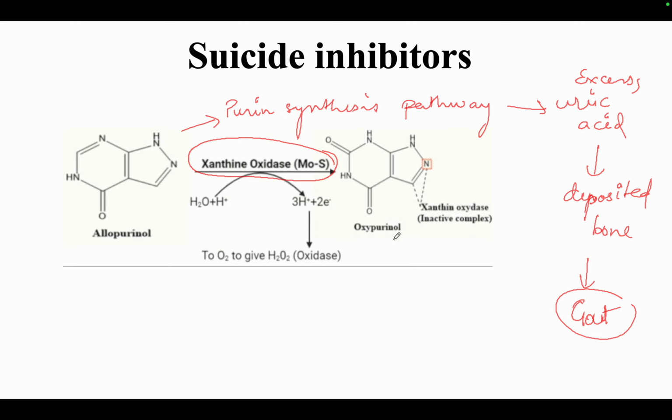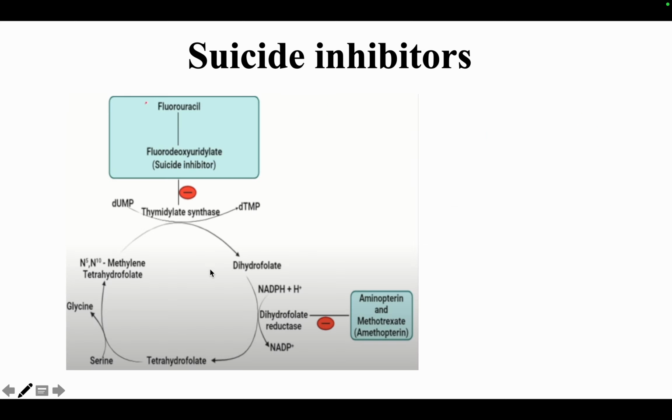Now this oxypurinol has the ability to inactivate xanthine oxidase. So this is our enzyme, this is our inhibitor, and this enzyme is modifying our inhibitor here. Now this inhibitor, oxypurinol, will go and inhibit the xanthine oxidase. It will go and inhibit the enzyme. So this is how the suicide inhibitors work.